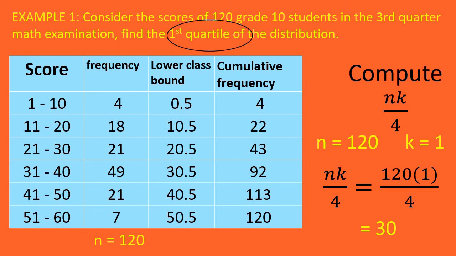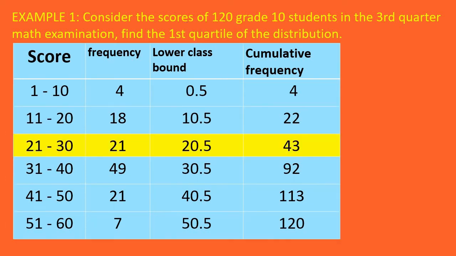Then compare the computed value, which is 30, to the values under cumulative frequency, which among these values is equal to 30 or exceeds 30 for the first time, and that is 43. Therefore, we can find the first quartile class, and that is 21 to 30 with a frequency of 21 and the lower class boundary of 20.5.